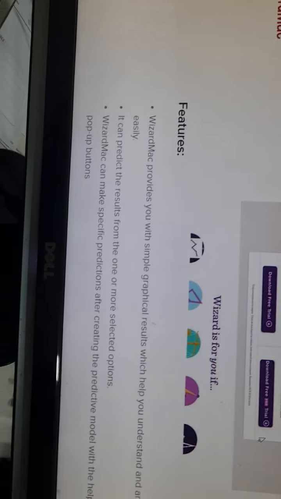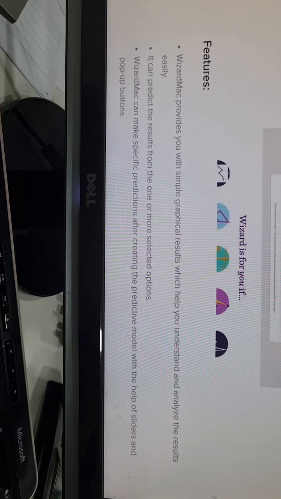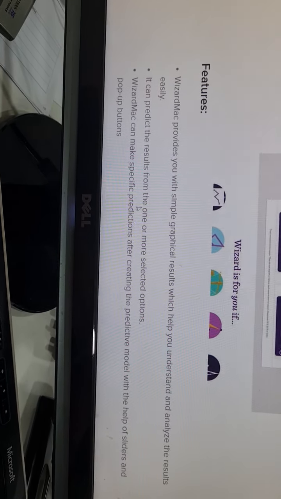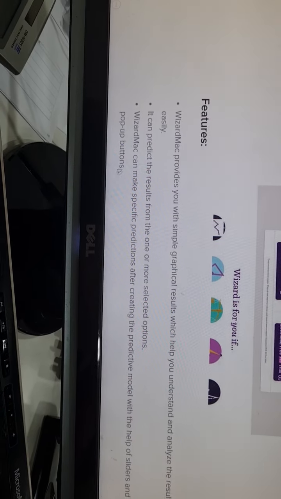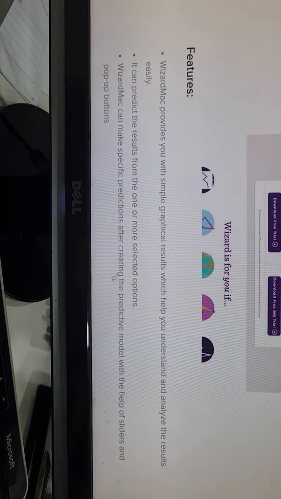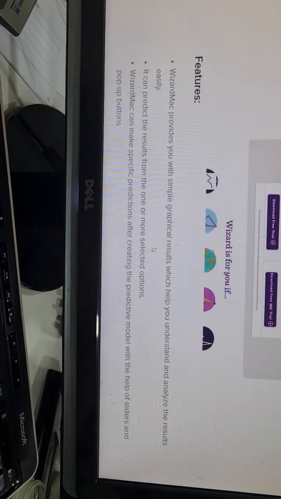As for the features, Wizard Mock provides you simple graphical results that will help you understand and analyze the result easily. It can predict the results from one or more selected options. Wizard Mock can make specific predictions after creating a predictive model with the help of sliders and pop-up buttons.